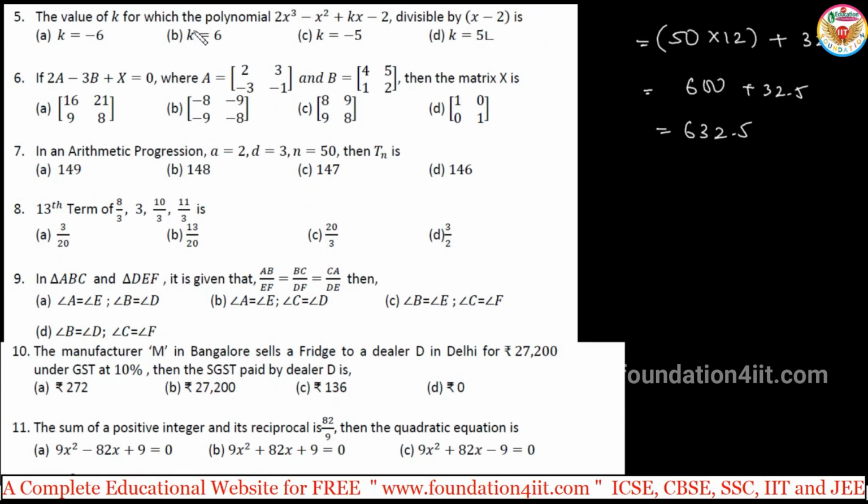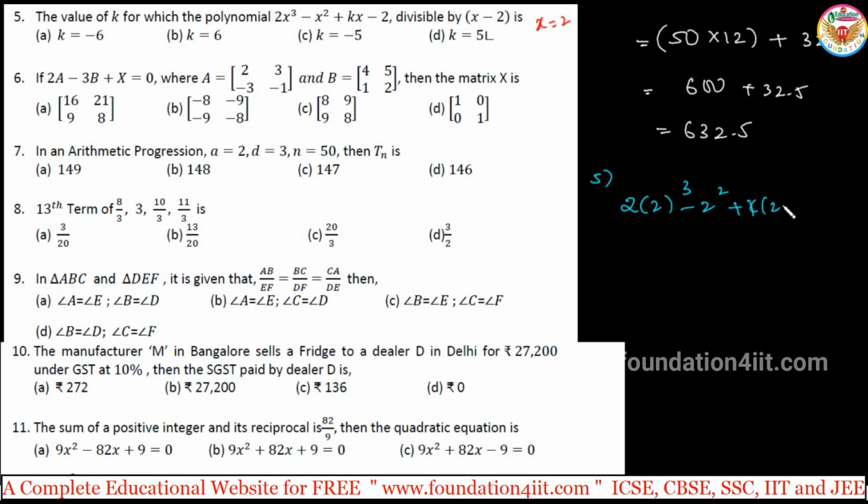The value of k for which the polynomial 2x cube minus x square plus kx minus 2 is divisible by x minus 2. Whenever it is divisible by x minus 2, x is equal to 2, so we have to substitute it in the given expression. Okay, just substitute here. So 2 into 2 cube minus 2 square plus k into 2 minus 2 is equal to 0.